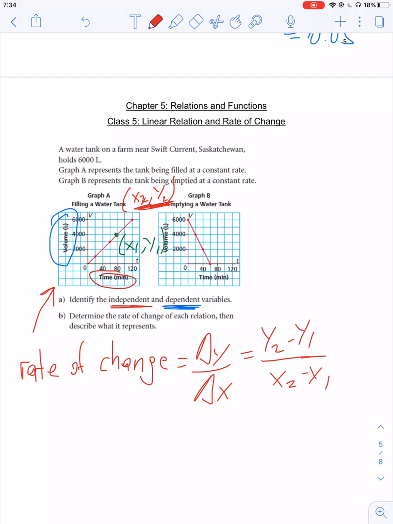Let's continue. My y2 value is 6,000, and my y1 is this one, 4,000. So 6,000 minus 4,000, divided by x2, which is over here, 120, minus x1, which is this one, 80.